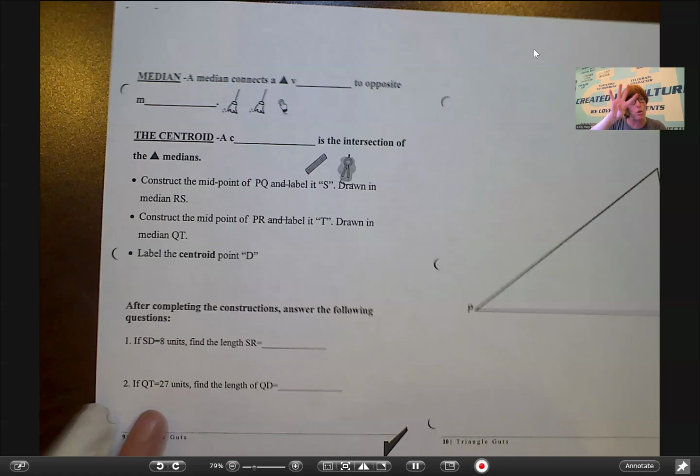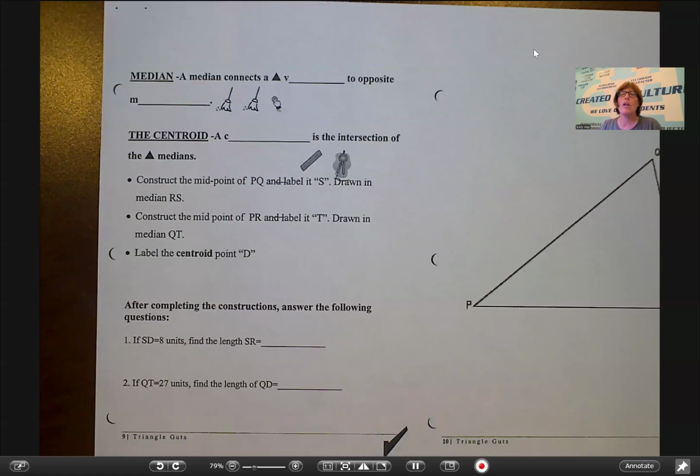Now, using those 4 strokes, we are going to do the 4 interior centers. There's 4 different types of center for a triangle.